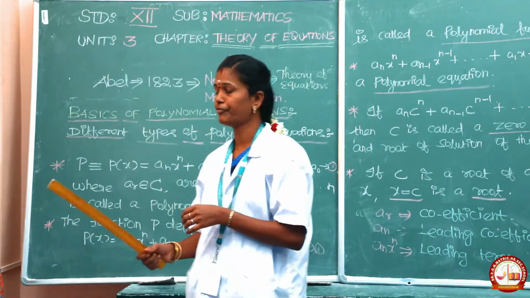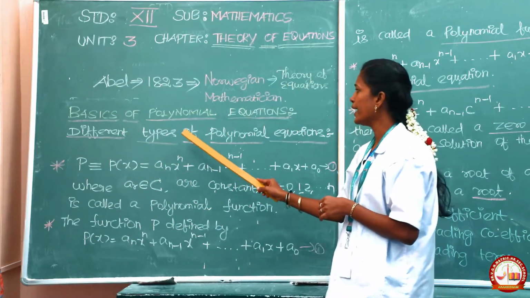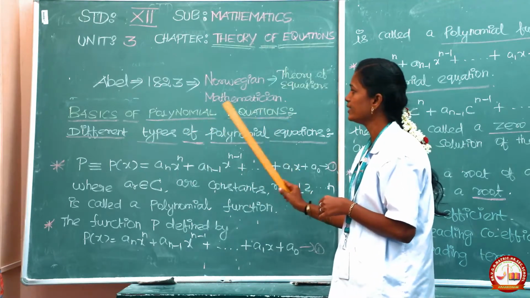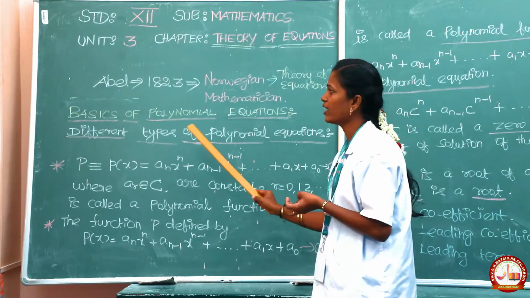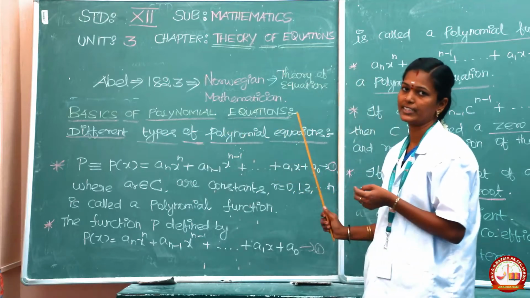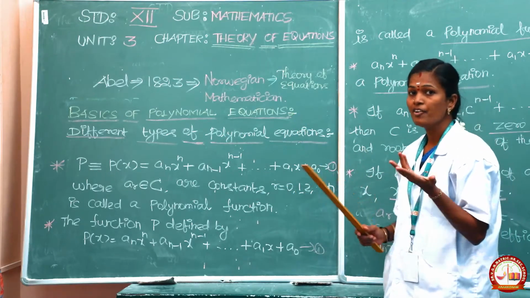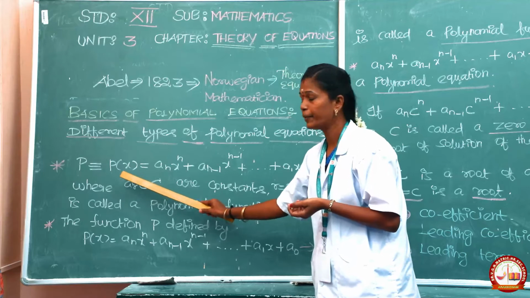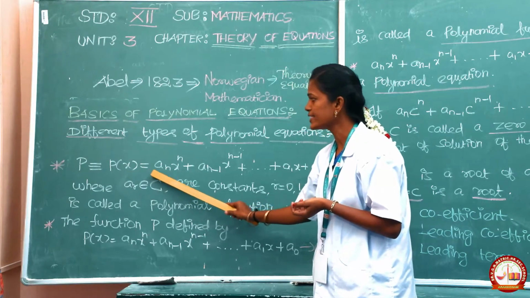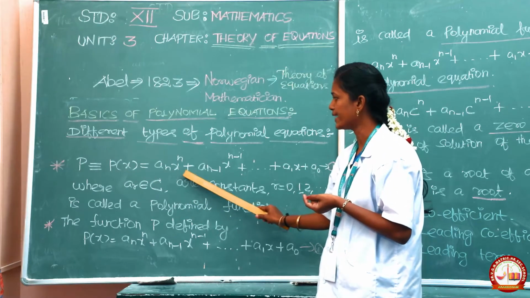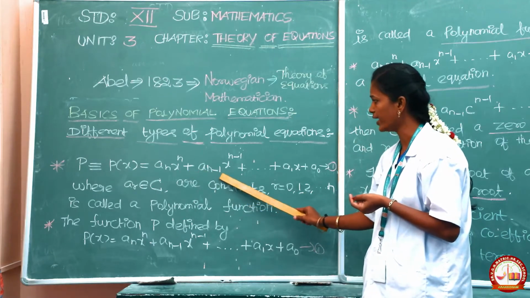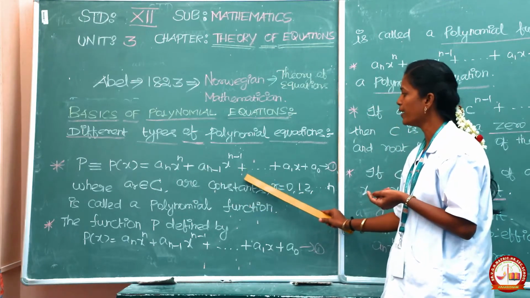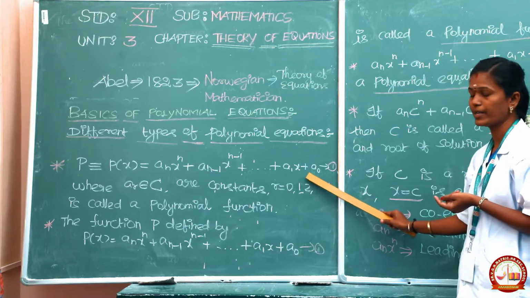We see a few topics here. Basics of polynomial equations. In polynomial equations, there are different types. P of x is equal to a_n x power n plus a_(n-1) x power n minus 1 plus etc. plus a_1 x plus a_0.